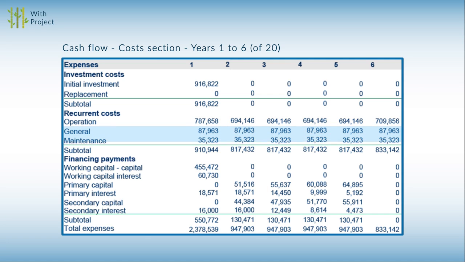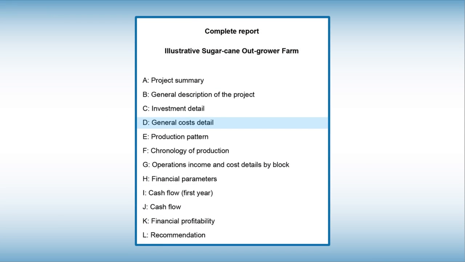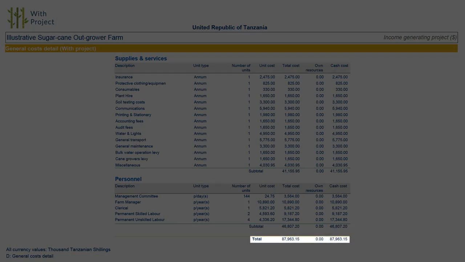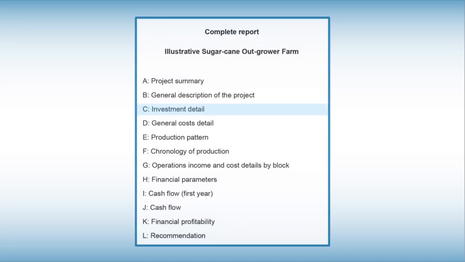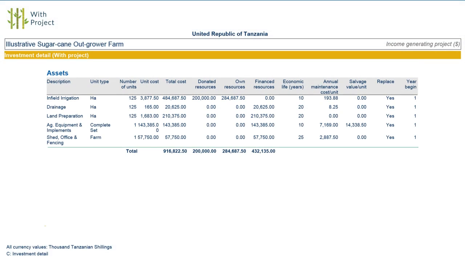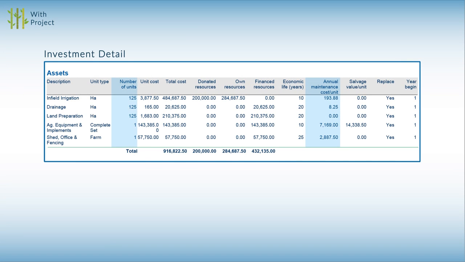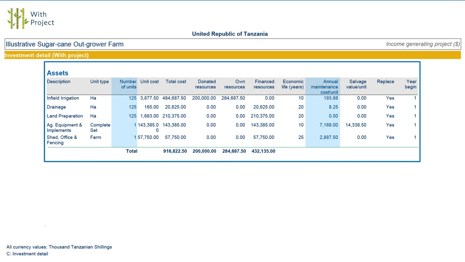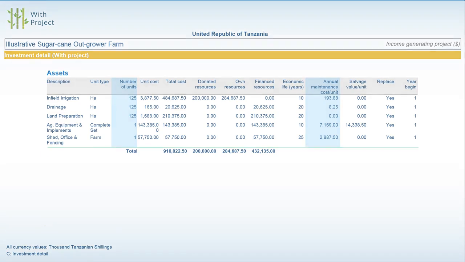The general costs and maintenance costs of investments are also recorded in the recurrent cost section. The general costs come from the general cost table, whereas the maintenance costs are calculated based on the maintenance cost per unit entered in investments cost table.